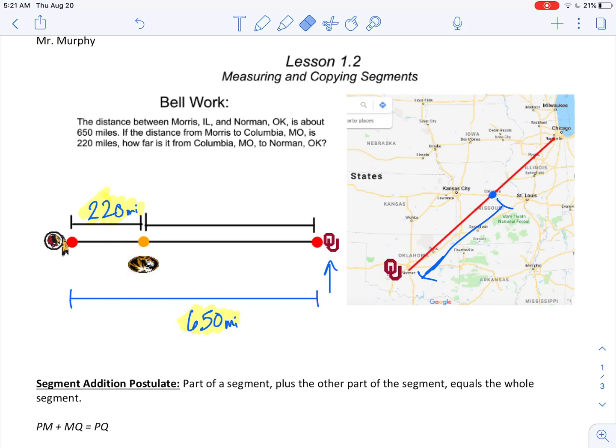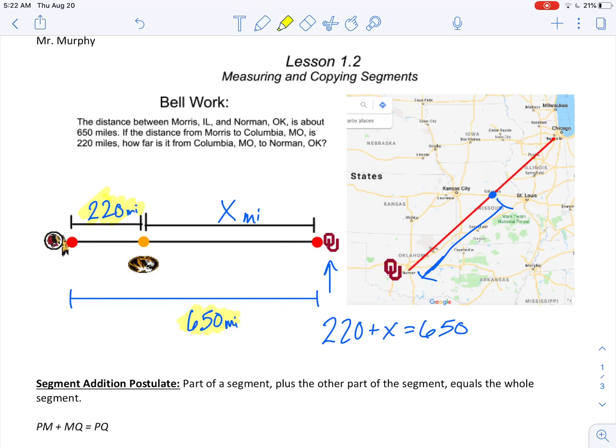Or if I want to put a variable to this, I can say this is X miles. So 220 miles plus X amount of miles, whatever that is, is going to get me 650.